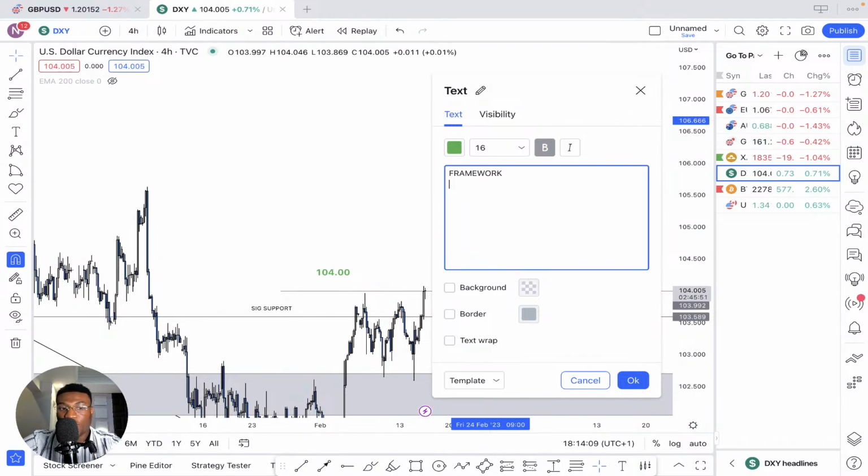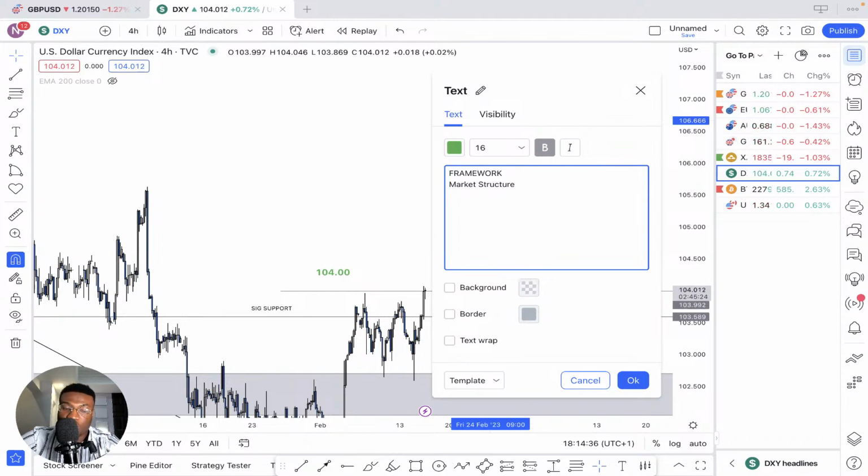All right, so your framework is basically like a back end, right? What you do on the back end, the things that help you identify buying and selling areas on your charts. And the framework should consist of market structure, and these are basically the things that help you perceive the market, the things that help you understand what's going on in the market.